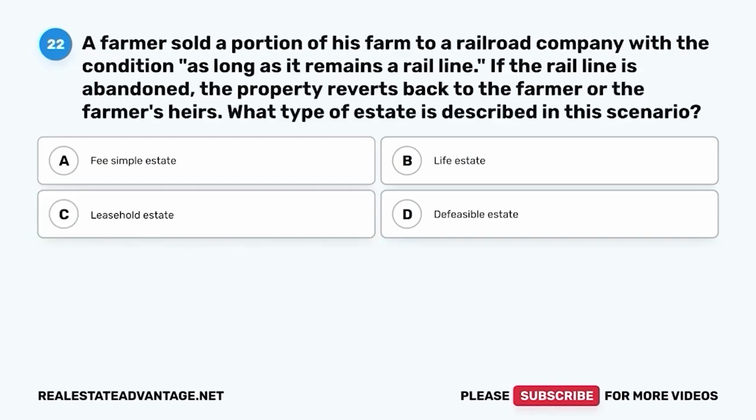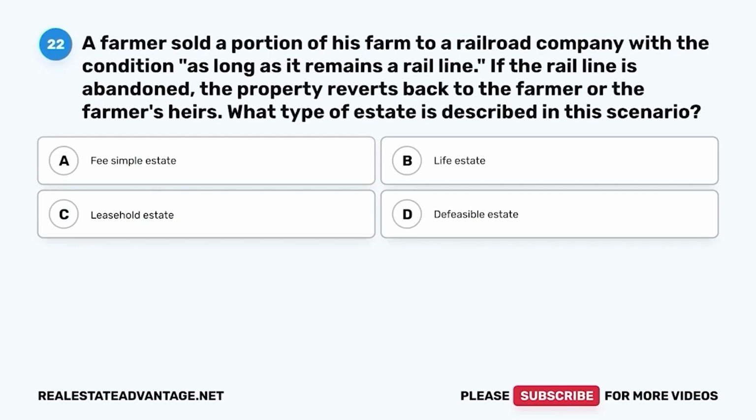Question 22. A farmer sold a portion of his farm to a railroad company with the condition, as long as it remains a rail line. If the rail line is abandoned, the property reverts back to the farmer or the farmer's heirs. What type of estate is described in this scenario? A. Fee simple estate. B. Life estate. C. Leasehold estate.